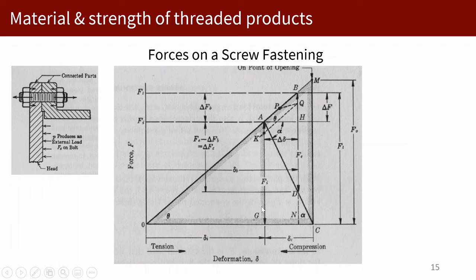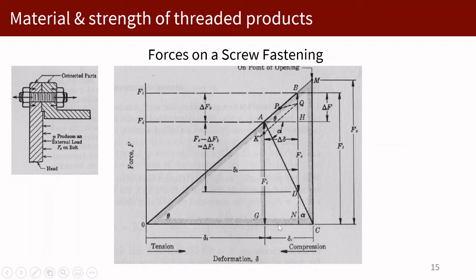At the initial tightening force, this is the total tensile deformation of your bolt, then this is the total compressive deformation of the connected parts. So when you open or loosen the nut, the tensile deformation of the bolt continues to increase, and the compressive deformation of the connected parts decreases.